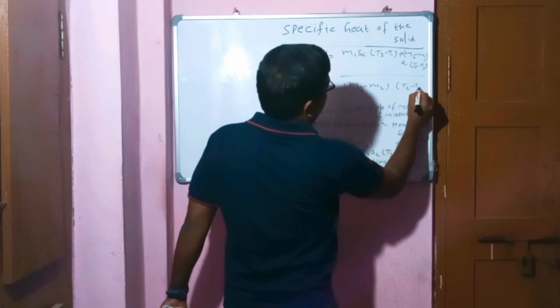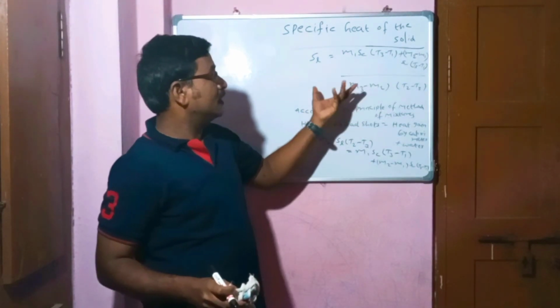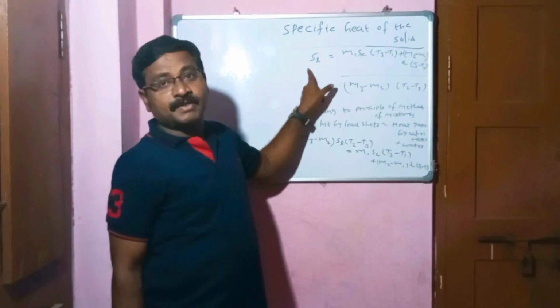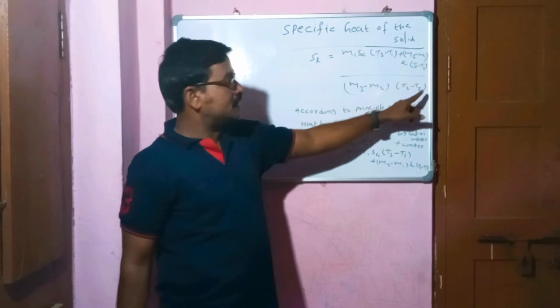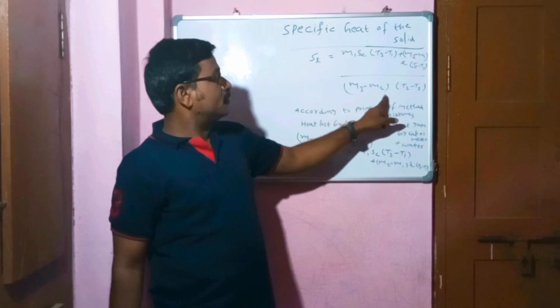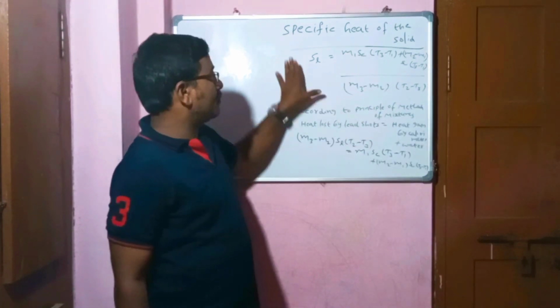This is the formula for the specific heat of the lead shards. Here T3 minus T1 can be taken common, or kept as it is.